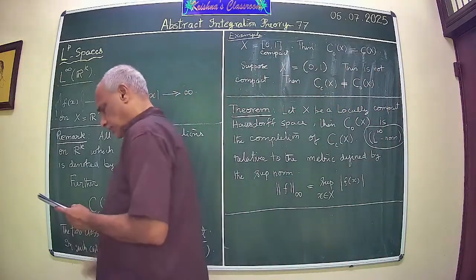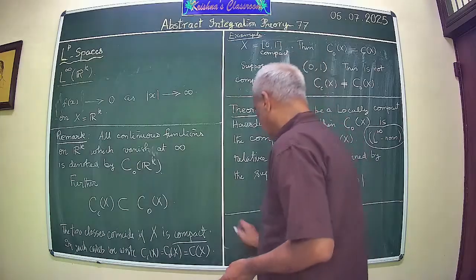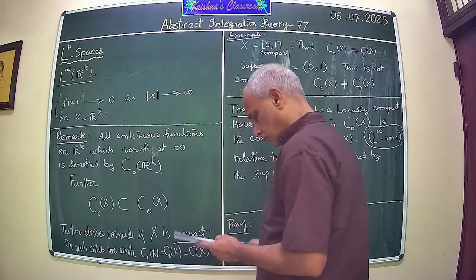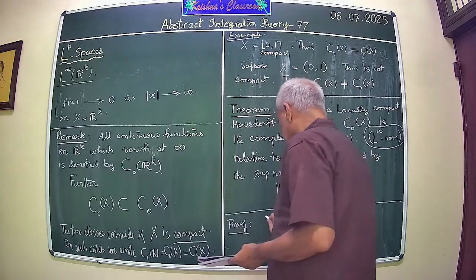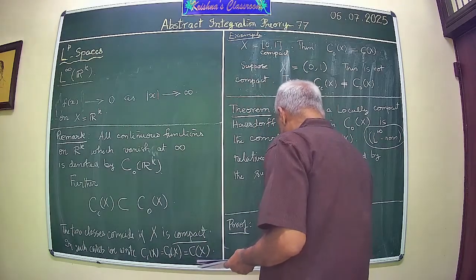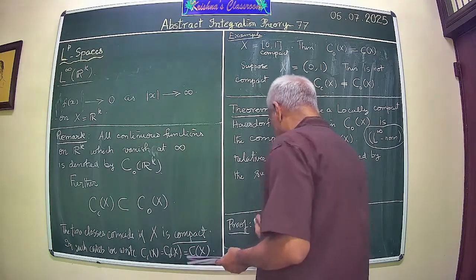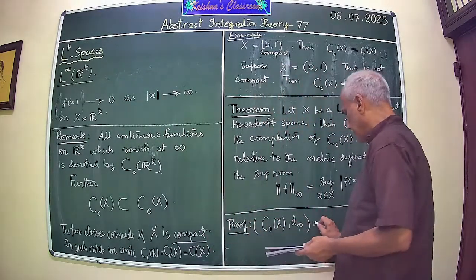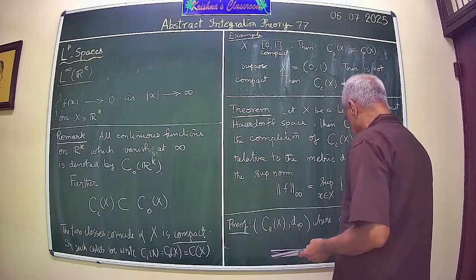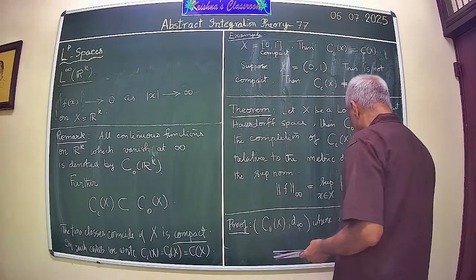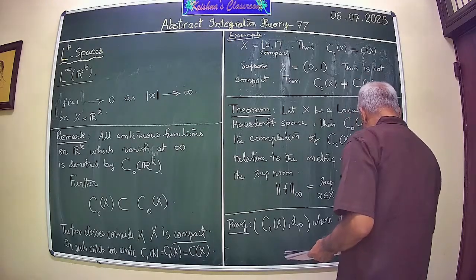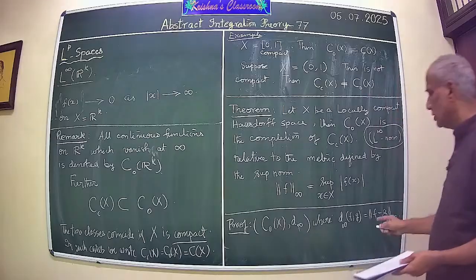Okay. So we give the proof. Proof is simple. We take C naught x with d infinity, where that is the essential supremum of this.